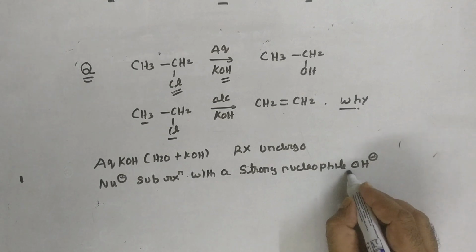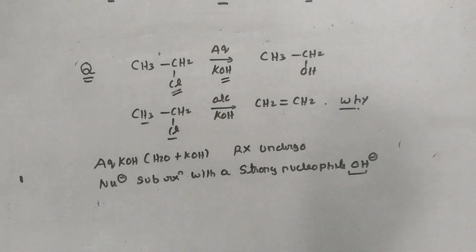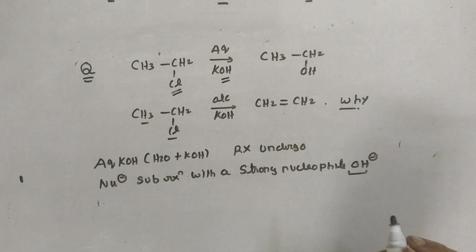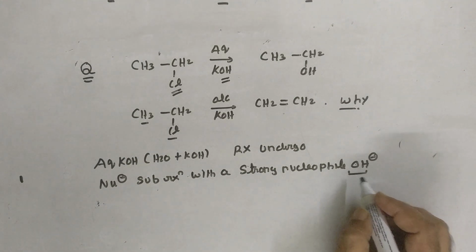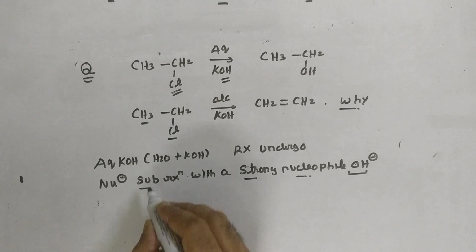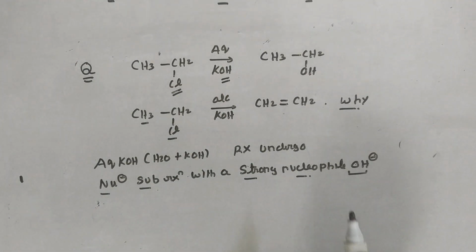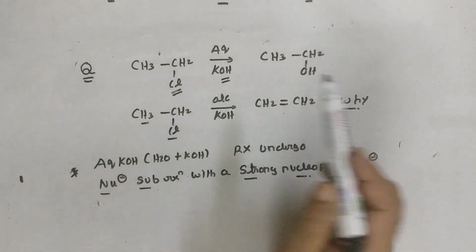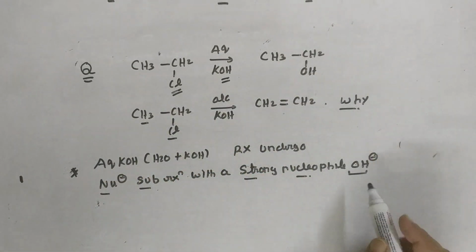OH minus is a very strong nucleophile. Though it's a base also, in the presence of water it has more nucleophilic character and less basic nature. Because it is acting as a strong nucleophile, the reaction happens as a nucleophilic substitution reaction. The halogen gets substituted by OH, by the nucleophile OH minus.